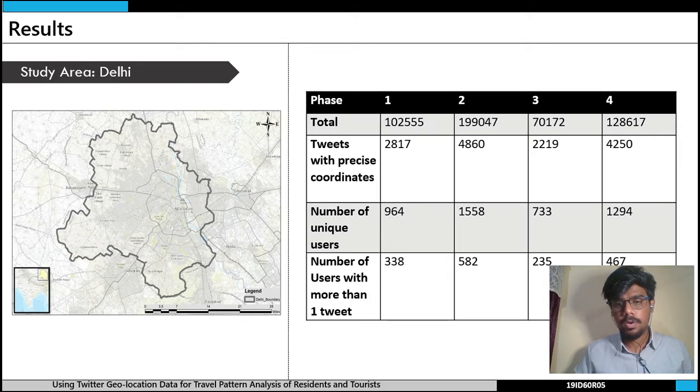To confirm that users are geolocation active, I kept a threshold of a minimum of two tweets per phase and rejected all the users below that.